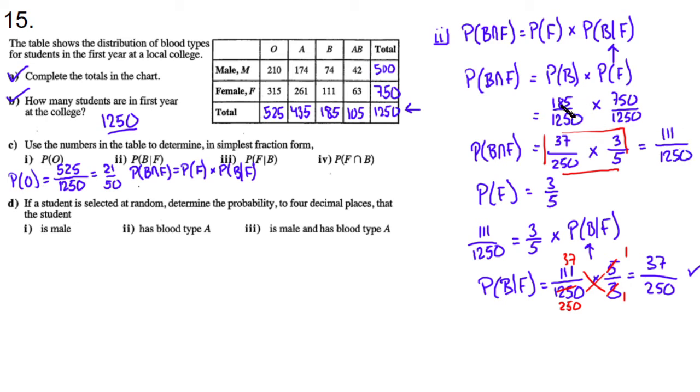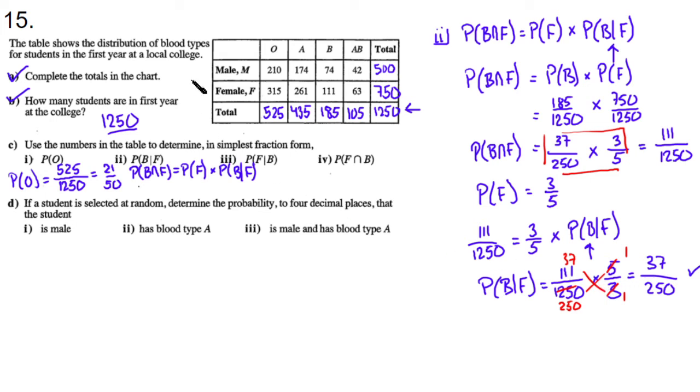You can certainly multiply 185 times 750 and 1250 times 1250 and then reduce, but you're dealing with much larger numbers and it'll be substantially harder to reduce that quotient. Same thing over here. Okay, so always reduce fractions as you go along. It's better to do that than wait to the end, particularly in this example here.